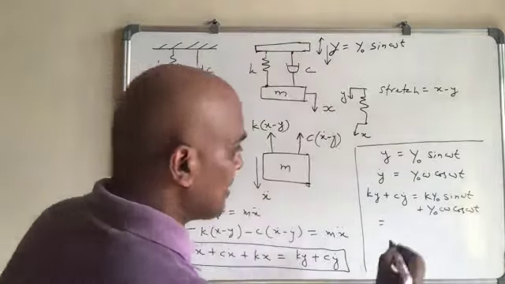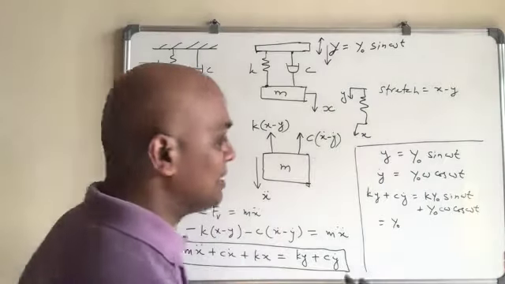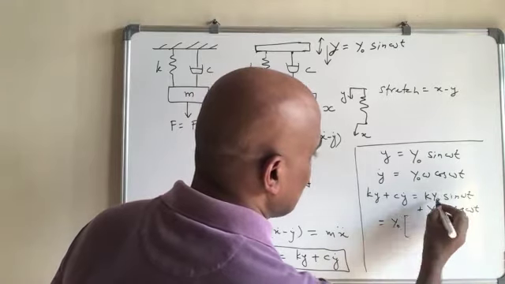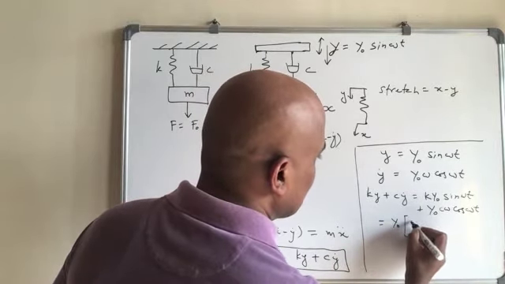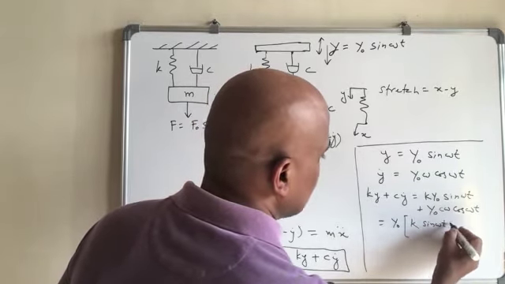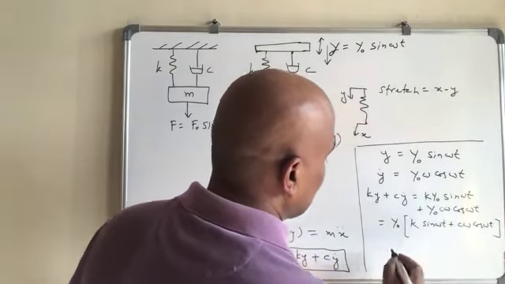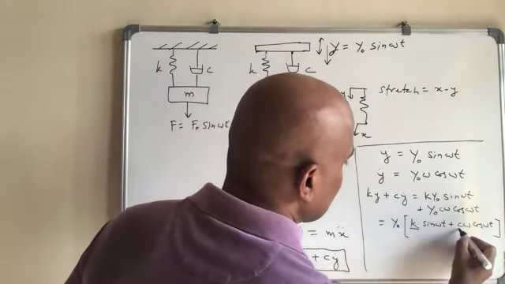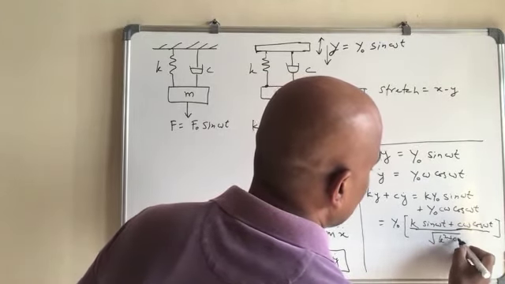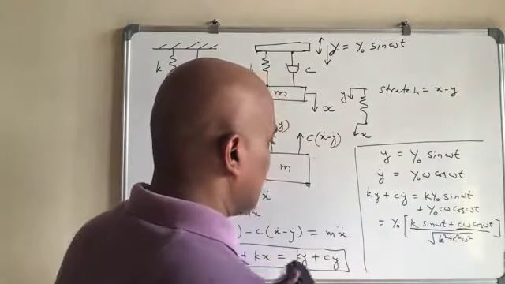We can write this as y naught times k sine omega t plus c omega cos omega t. We can divide it by root k square plus c square omega square, and multiply by the same.